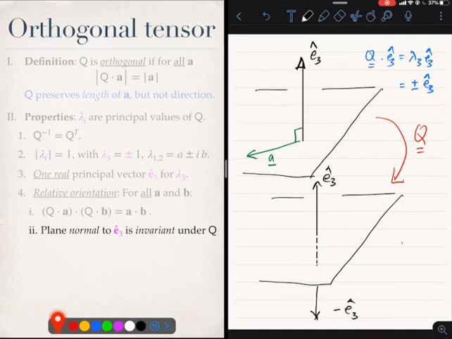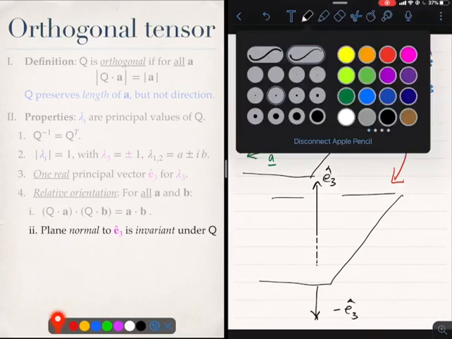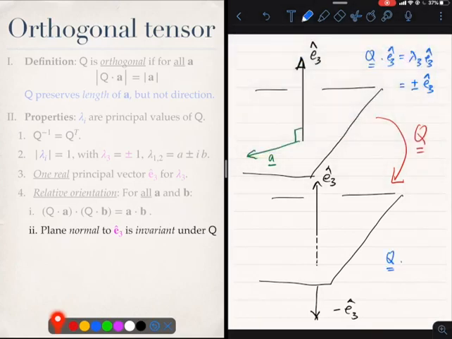What will happen to Q dot A? Well, we have just learned that the angle between A and E3, the relative orientation, must be preserved. That means Q dot A must be normal to plus E3 or minus E3, which means that Q dot A must be in the plane somewhere.